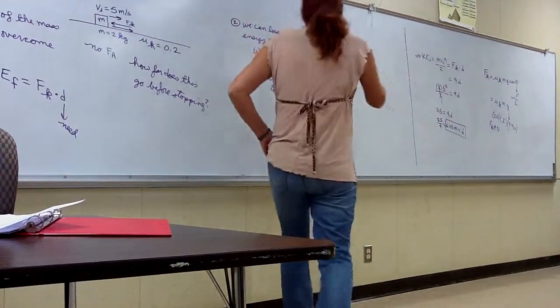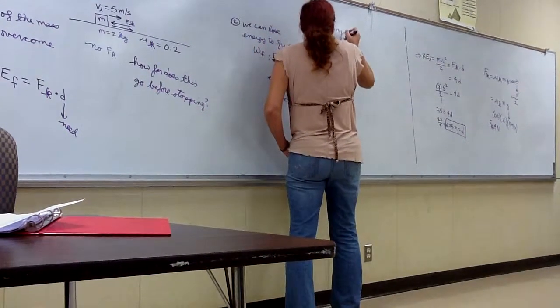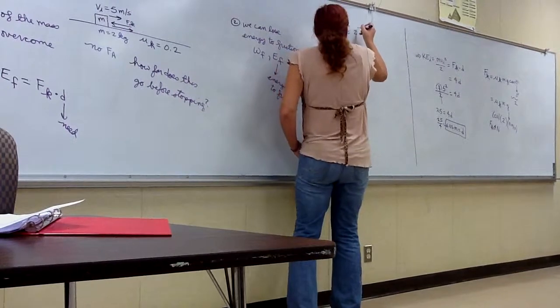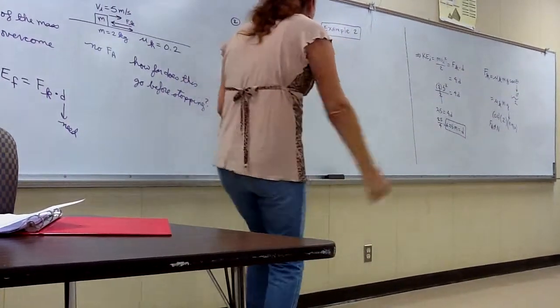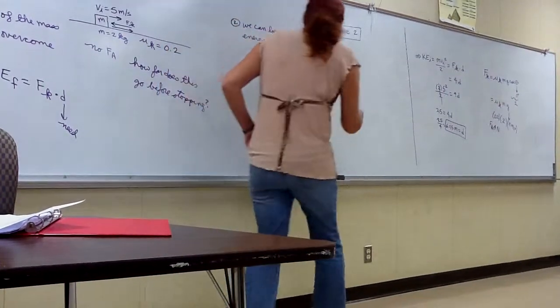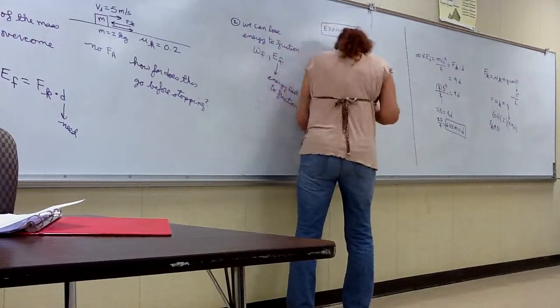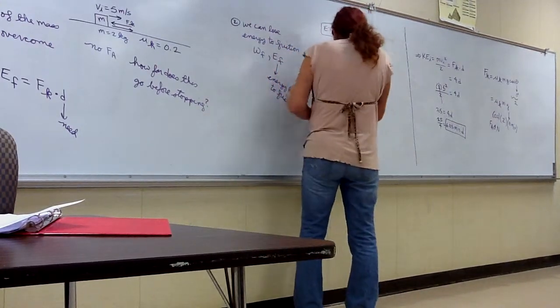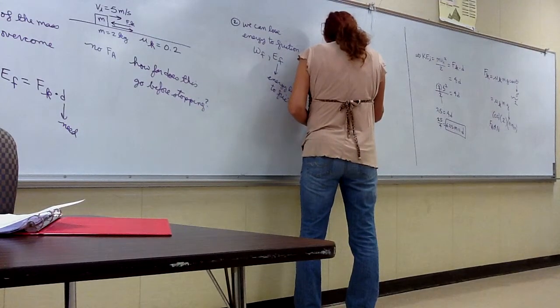Okay, so example 2, it's going to be similar. Exactly the same in every possible and conceivable way, including ways that are not conceivable, yet completely different. Now, it's going to be very, very similar. We're going to have the same situation, except that now this object is at the bottom of a slope.